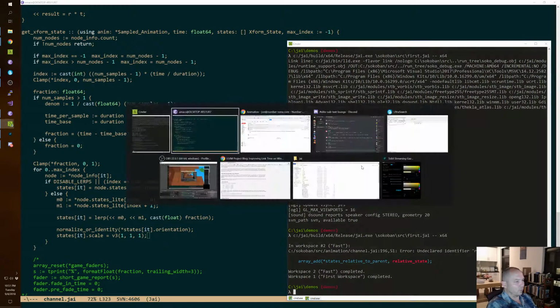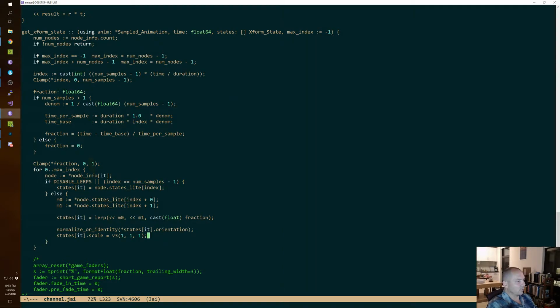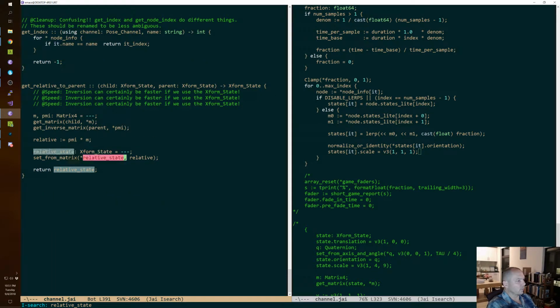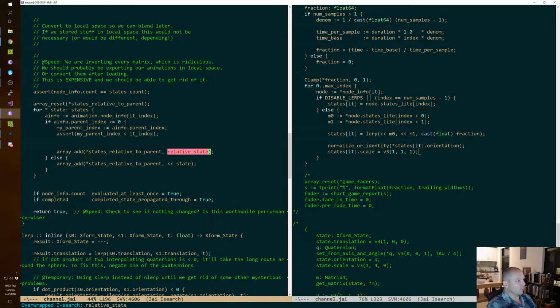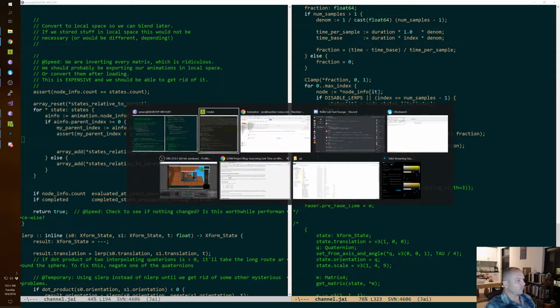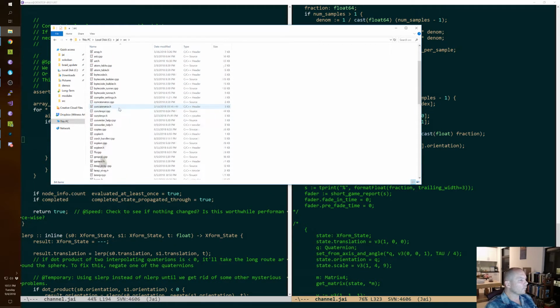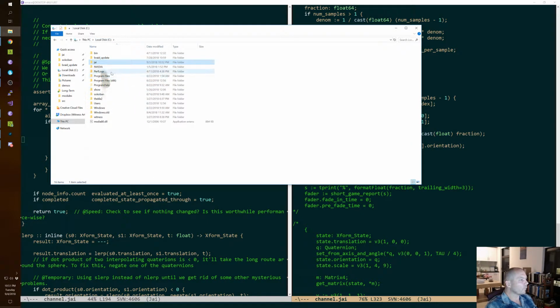Undeclared identifier relative state. What? What did I do? I deleted some lines that I didn't want to delete. No, not there. Sokoban.